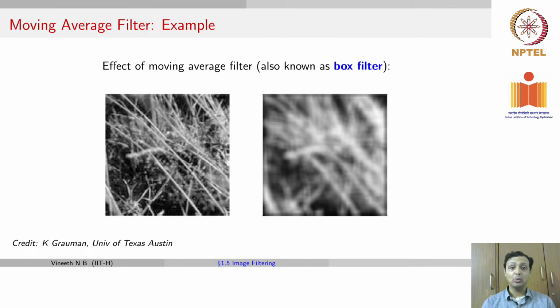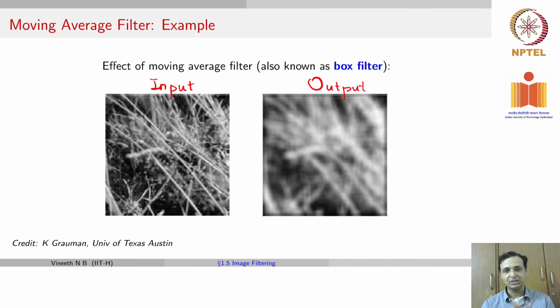Okay, here is a more real world example of a moving average filter. So you can see here the input image, and on the right you see the output image, where you can see that the output is an averaged version, or the smoothed version, or you can also call it a blurry version, because you're smudging.